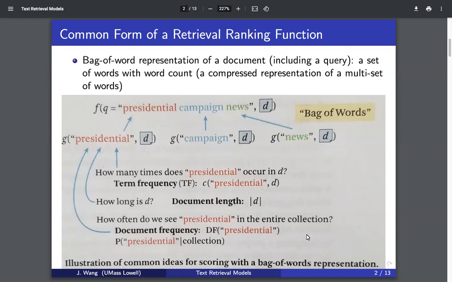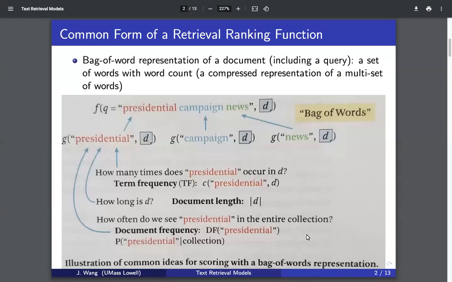But of course, in a document, the same word could appear more than once. So we also need to count the number of appearances for each word. Then we put these things together into a set, and that is called a bag of words.